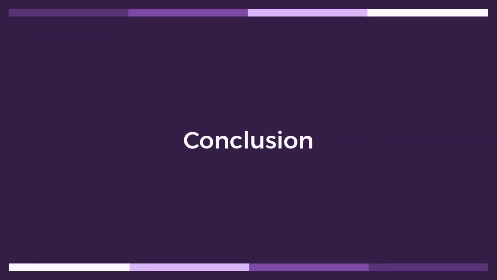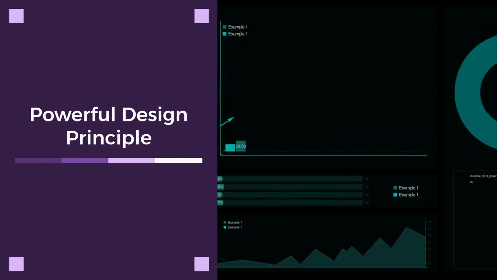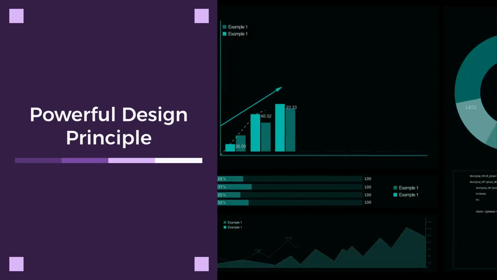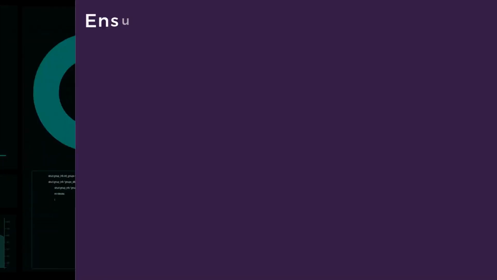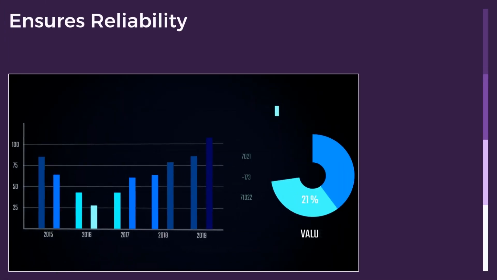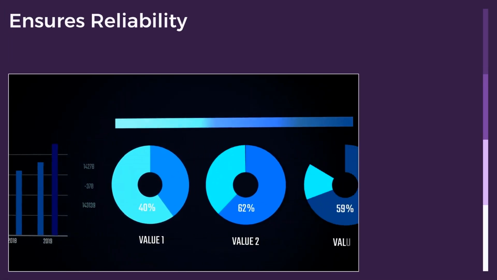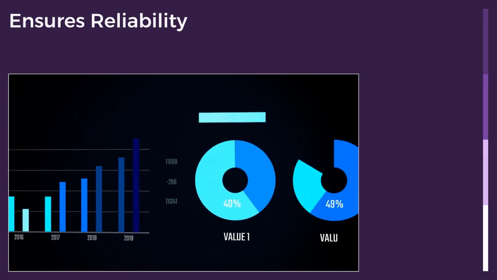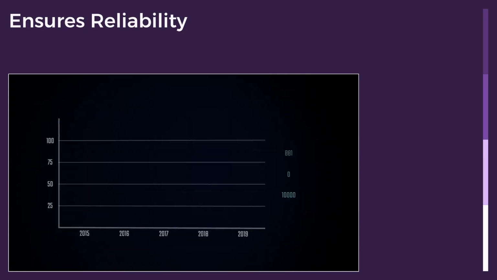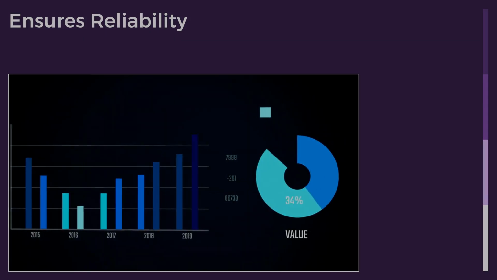In conclusion, BCNF is more than just a rule. It's a foundation for solid database design. Boyce normal form is a powerful design principle that leads to efficient and maintainable databases by structuring data correctly. It ensures reliability by guaranteeing that functional dependencies never introduce redundancy, keeping your data clean, efficient, and accurate. Remember, BCNF, redundancy eliminated.